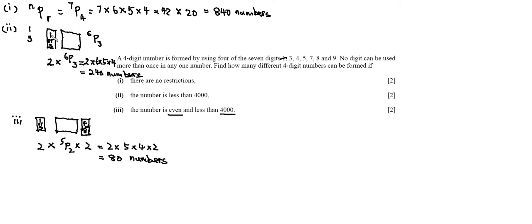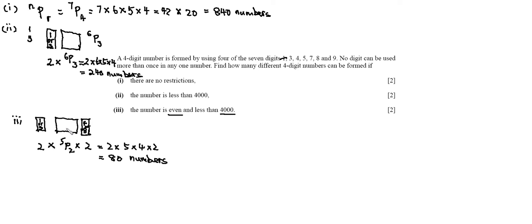After you put one number over, you only have 6 to choose from to fill the remaining 3 positions. The third requirement is that the number has to end in 4 or 8, the third block, and be less than 4,000, the first block. Then you have the middle block, which can be filled with whatever numbers remain.